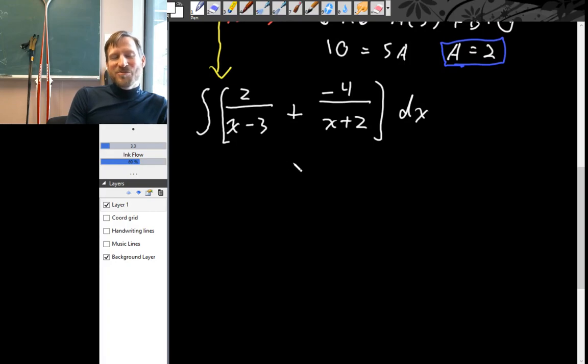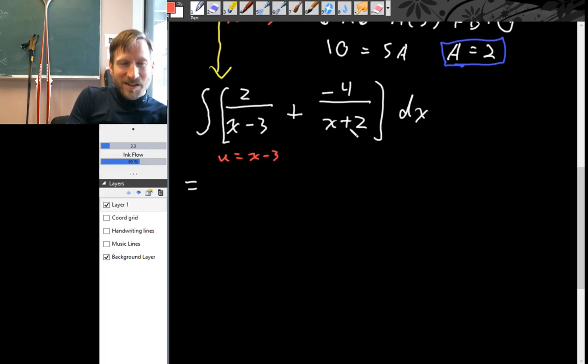We've replaced our difficult integral of a rational function with this easier integral of two rational functions. These are so simple that we can integrate them directly. You might need to do a little u substitution, with u equals x minus 3 for the first one, and u equals x plus 2 for the second. If you need to do that to work it out, go ahead.